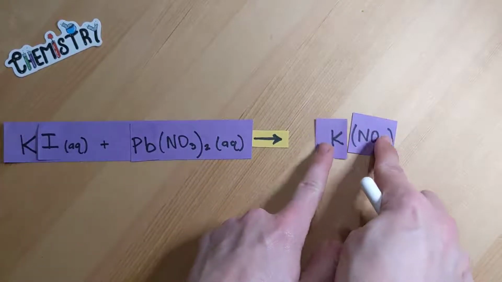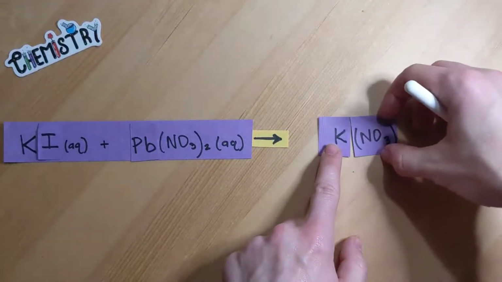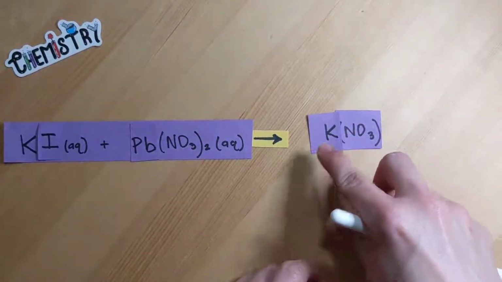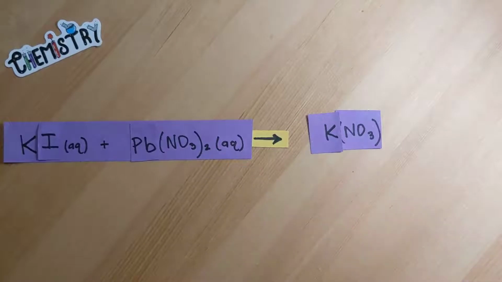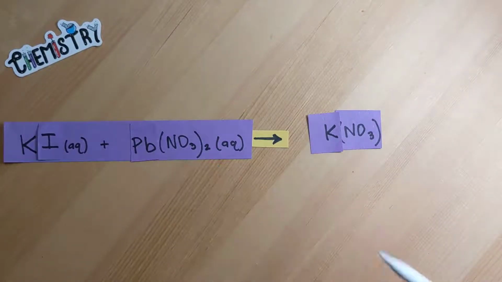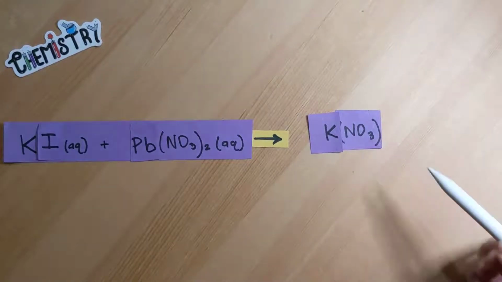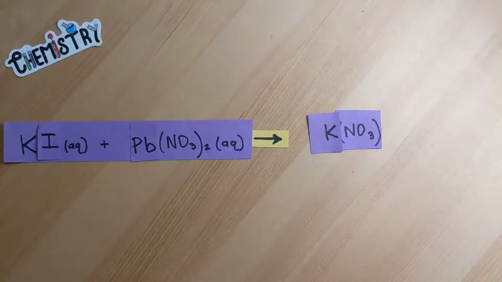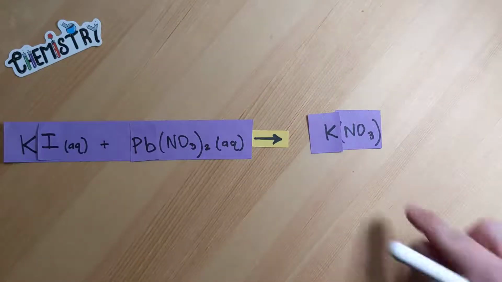So a potassium and a nitrate. Now, you'll notice that I did not take this 2. That's because this 2 was used to balance lead 2 nitrate. Nitrate itself is just NO3, so I kept the 3 because it's part of nitrate. However, I left the 2 because it was just used to balance lead 2 nitrate.